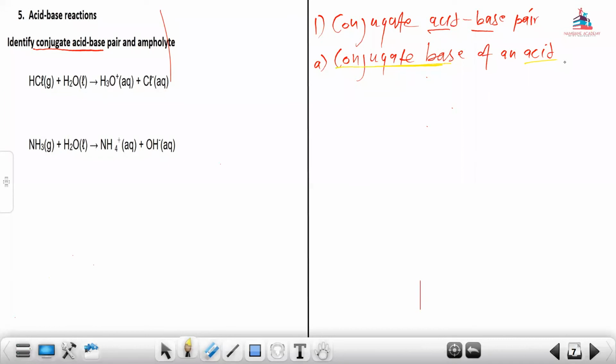A conjugate base of an acid, we define it as an ion or a molecule that remains when an acid has donated a proton.